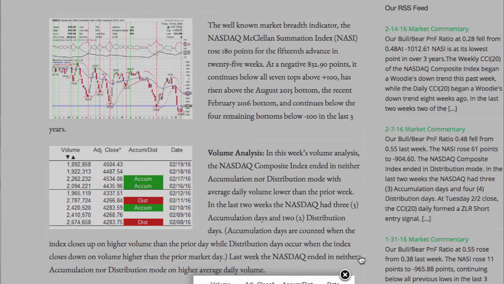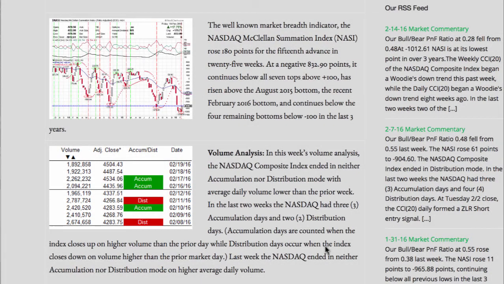Volume analysis. In this week's volume analysis, the Nasdaq Composite Index ended in neither accumulation nor distribution mode, with average daily volume lower than the prior week. In the last 2 weeks, the Nasdaq had 3 accumulation days and 2 distribution days.